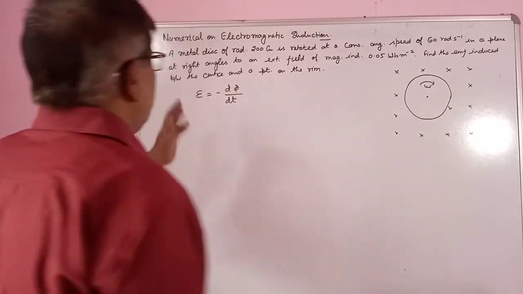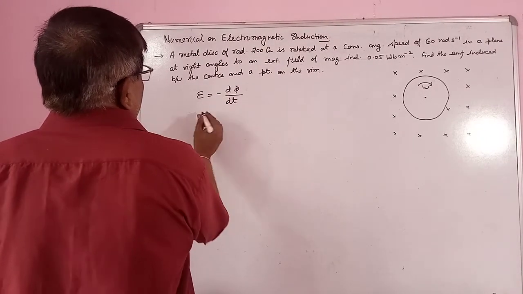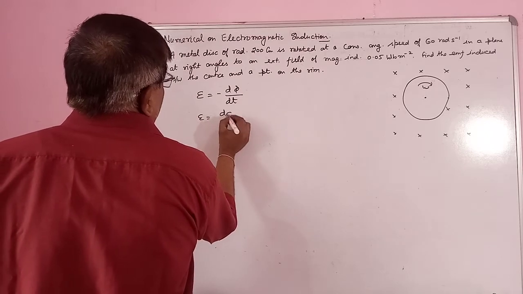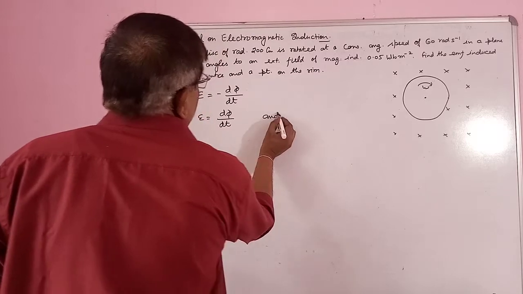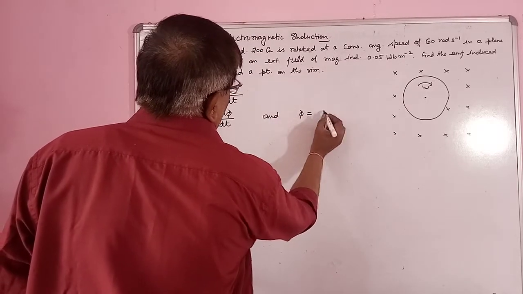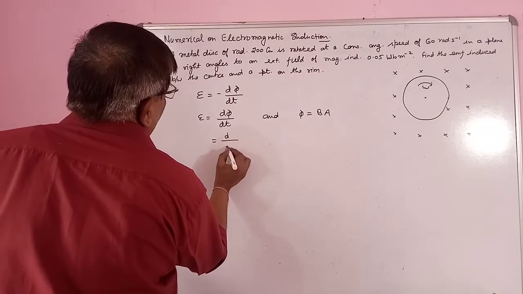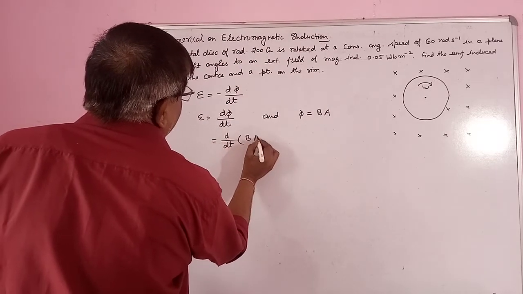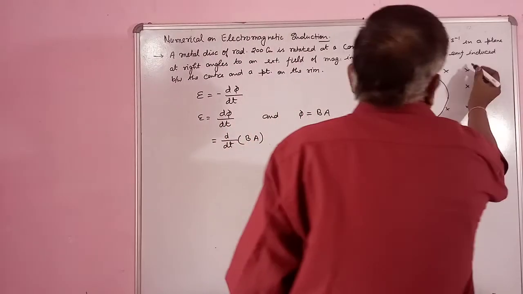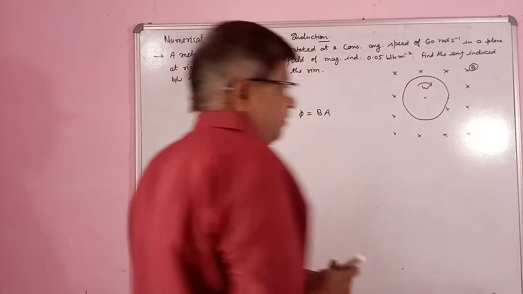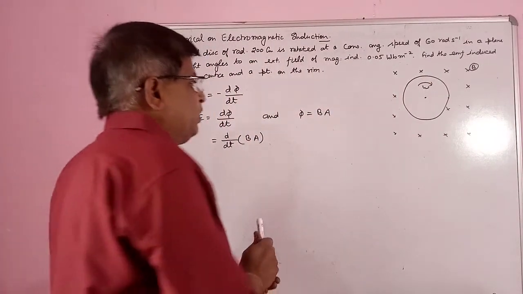If we avoid these signs, we get E equal to d phi over dt, and we know phi equal to B dA. So we get B dA over dt. Now the magnetic field B is constant.